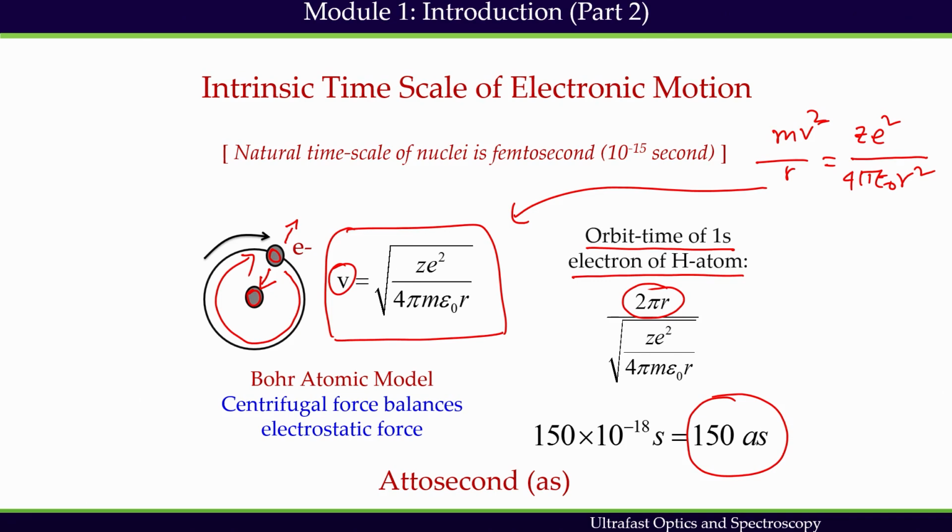So, in order to record intrinsic electronic motion in atoms and molecules, we need a flash of light with attosecond temporal duration. Here we must note that not every nuclear process occurs in the femtosecond or picosecond time scale, and not every electronic process features an attosecond time scale.